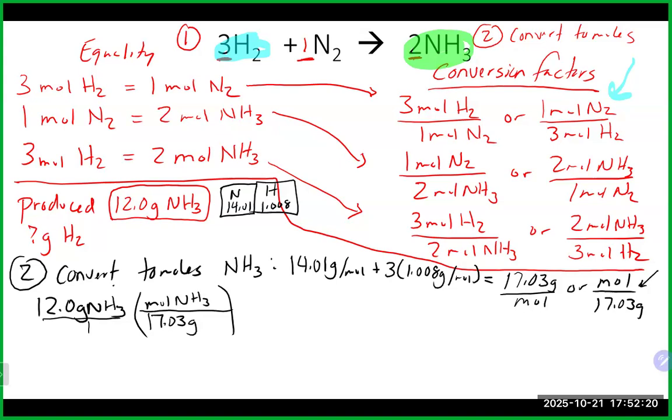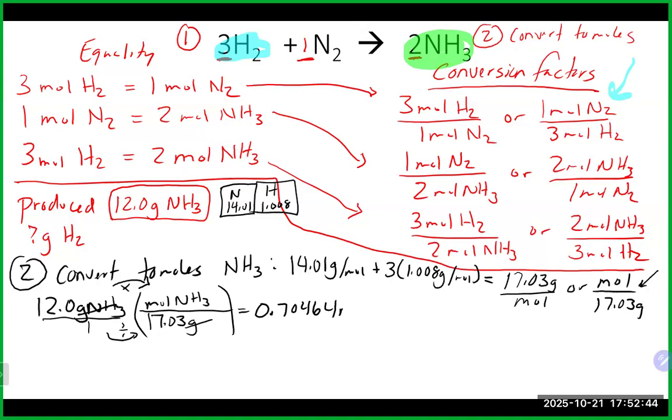Remember that when we do dimensional analysis, everything on the top gets multiplied and everything on the bottom gets divided. That gets rid of our grams of NH3. So we take 12 divided by 17.03, and that gives me 0.70464.